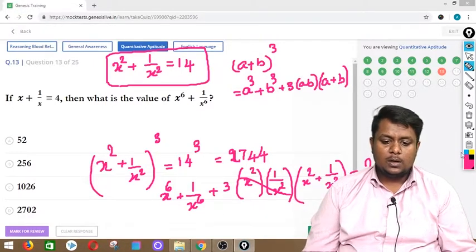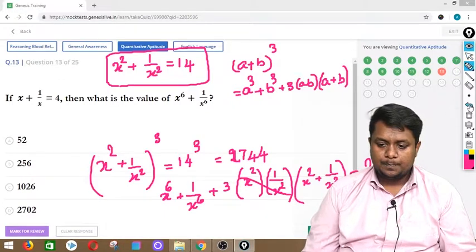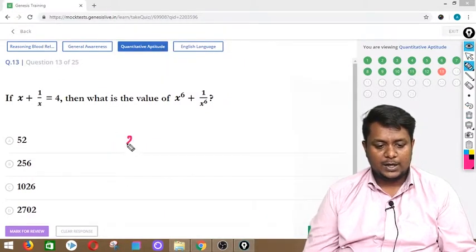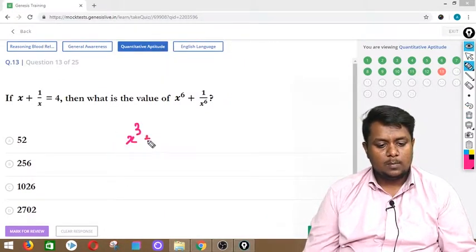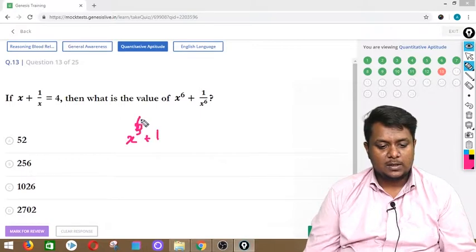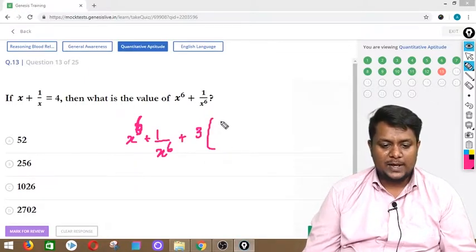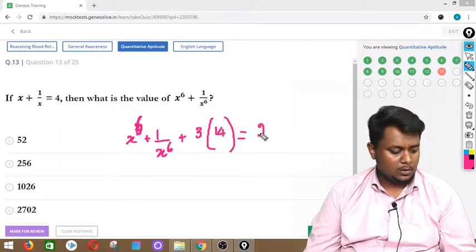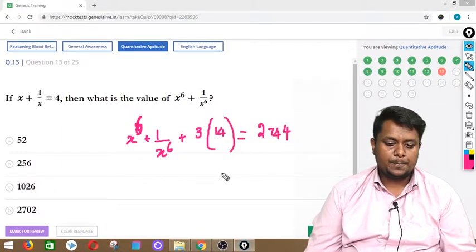Now we will get x power 6 plus 1 by x power 6 plus 3 into x square plus 1 by x square, which is 14. We will have this now, which is equal to 2744.